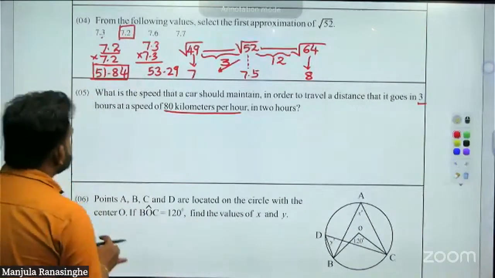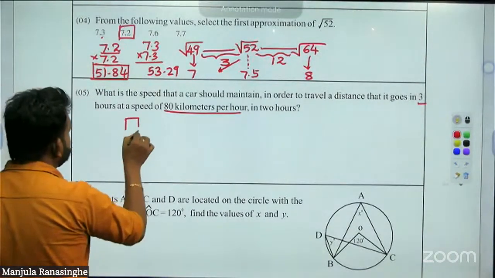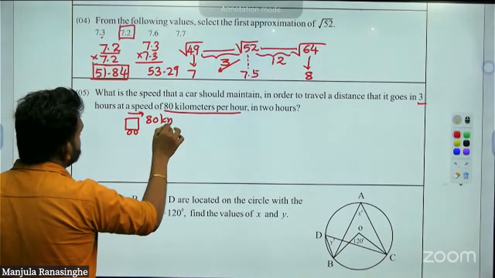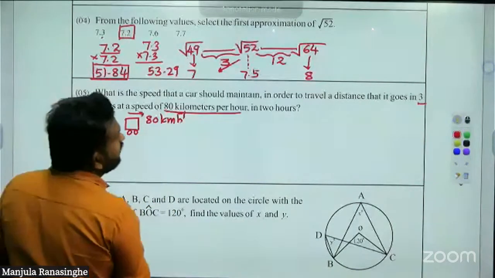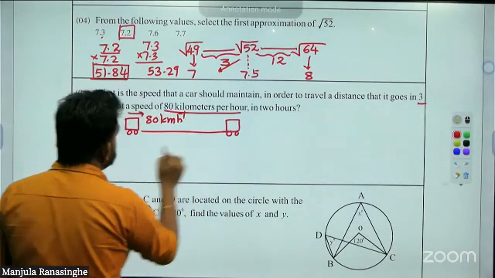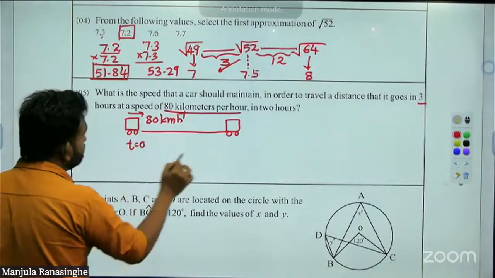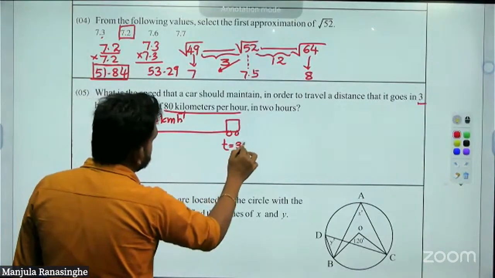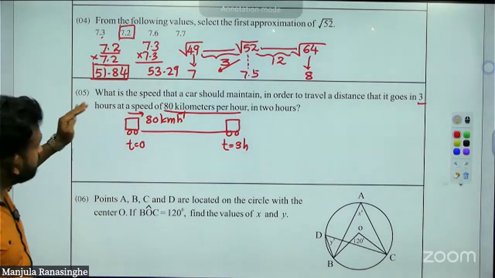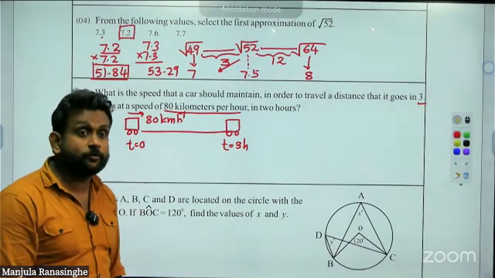So now first calculate, a car travels at 80 kilometer per hour within 3 hours. When it starts t equals 0, now t equals 3 hours. So first you need to calculate what distance this car travels within the 3-hour period.